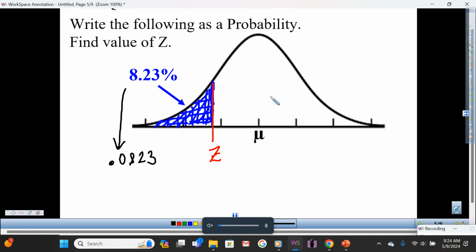Clarissa, where would you start looking? The middle is mu. Okay? But where is Z located according to mu? It's to the left. So that means we're going to be in what, everyone? In the negatives.